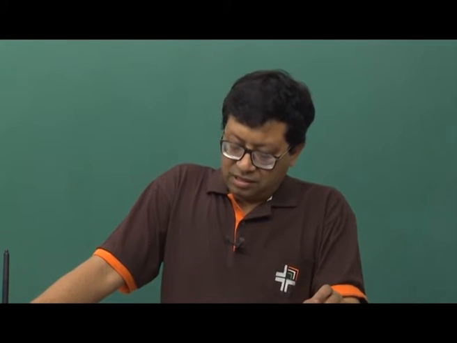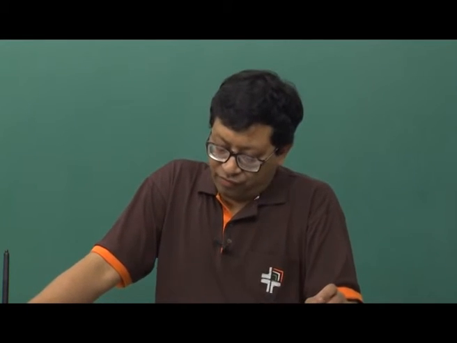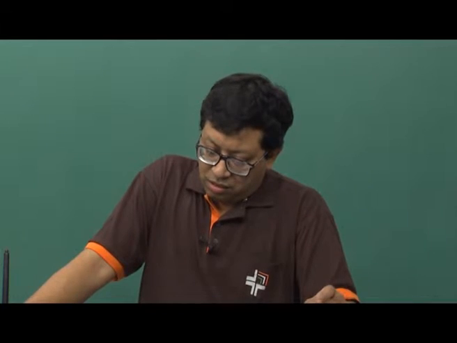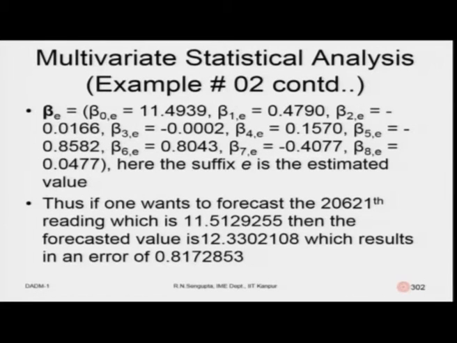I randomly take the 2621st value, and then using those betas I forecast it. The value comes out to be 12.33. I am again reading only 2 places of decimal, and this results in an error of about 0.81.